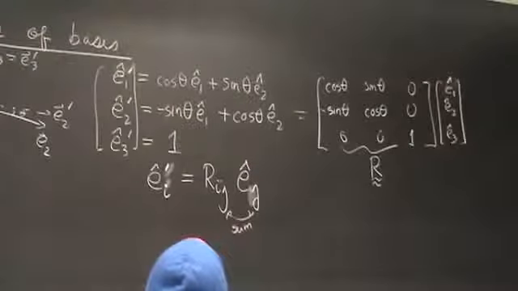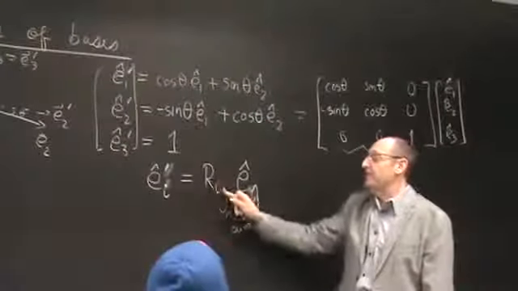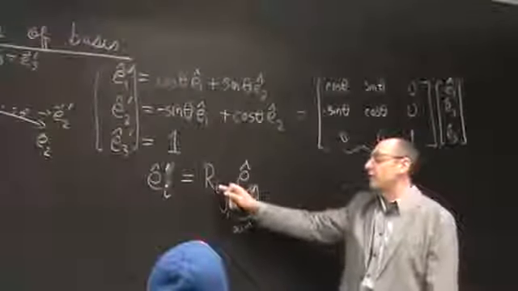So this is a shorthand for this, where these matrix elements are row, column.